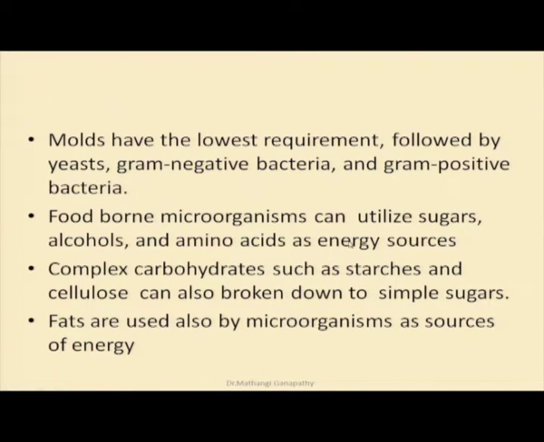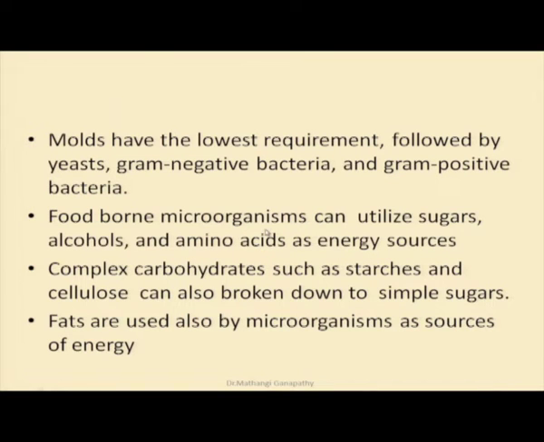So, either a sugar or an alcohol or an amino acid, if it is present, the microbe can utilize that as an energy source. Then complex carbohydrates, for example starch and cellulose, most foods contain these. These can also serve as an energy source; they can be broken down into simple sugars and the organism can assimilate that. Fats can also be used by microorganisms as a source of energy.